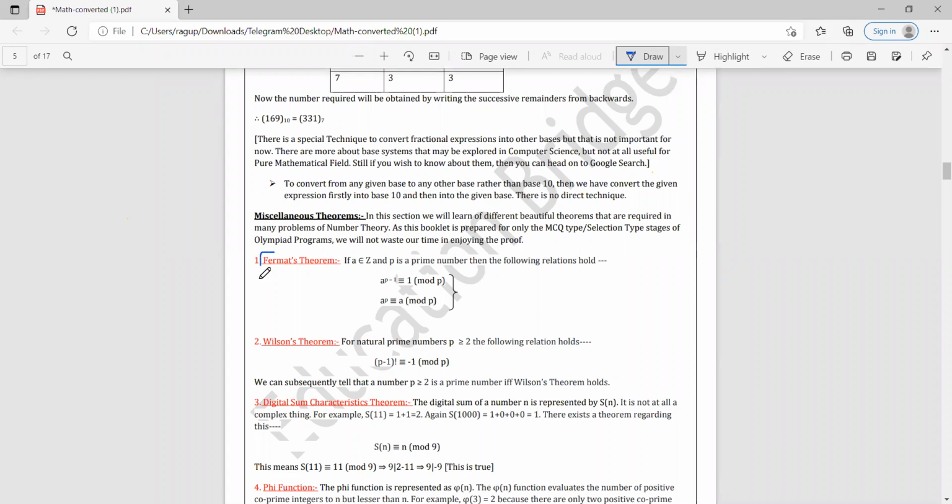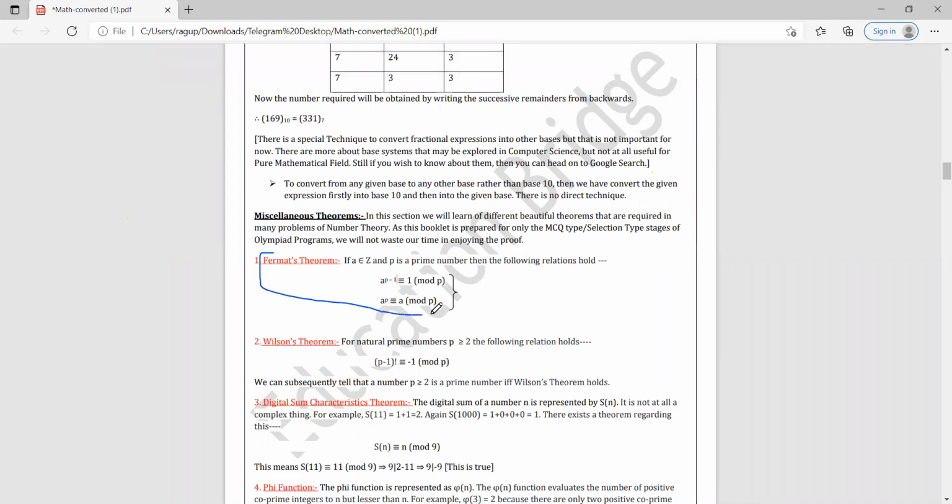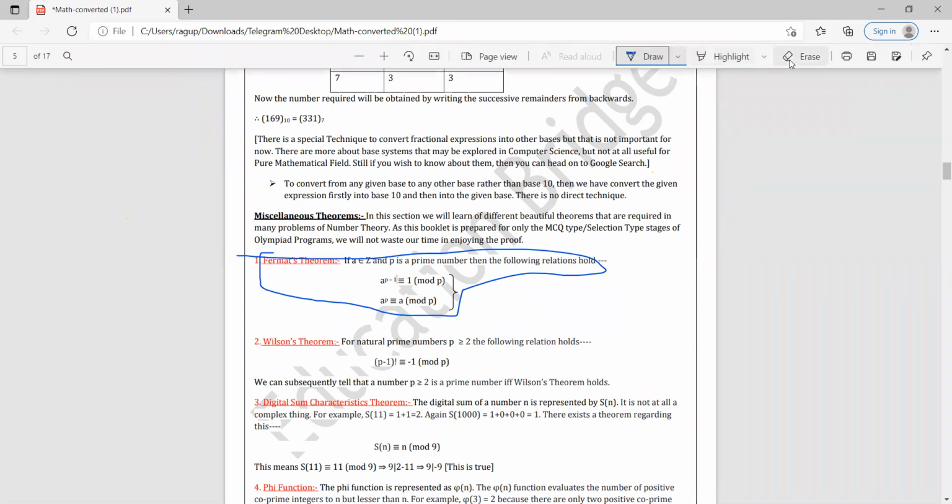So here we have Fermat's theorem, which says that a raised to p minus 1 is congruent to 1 mod p. I am going to give you a proof of this theorem. It's a very elegant proof.